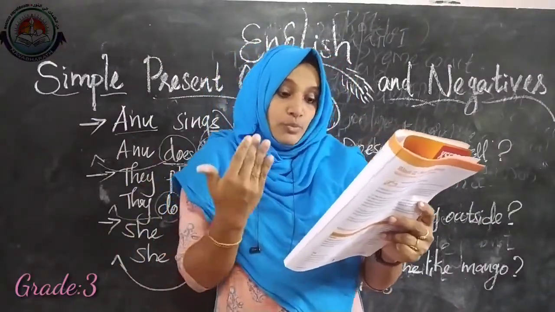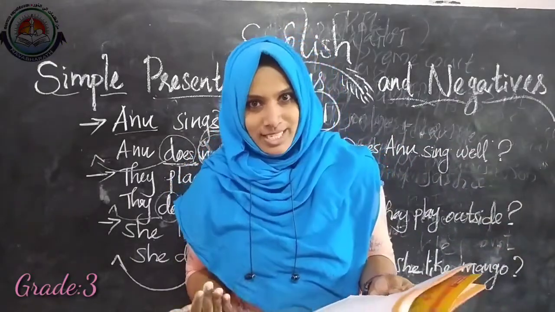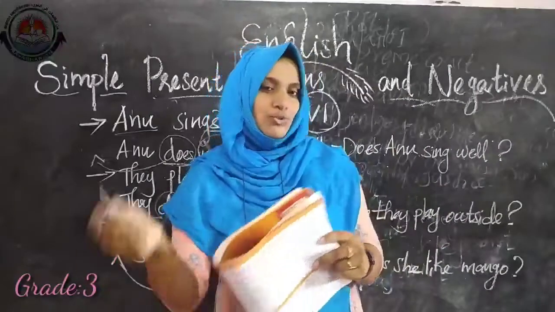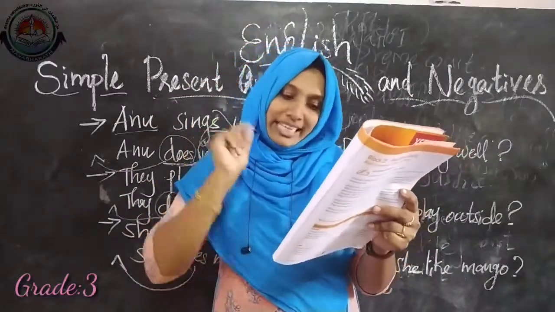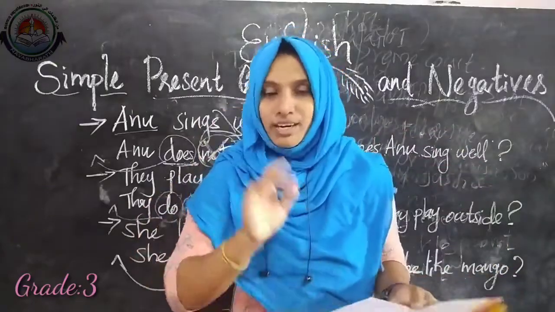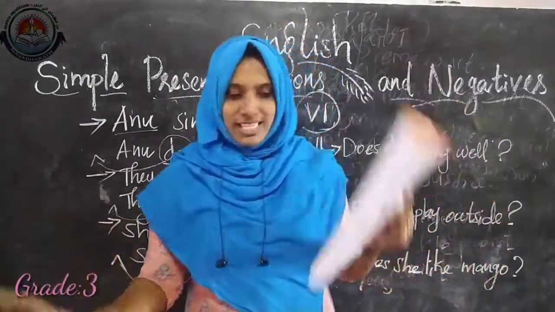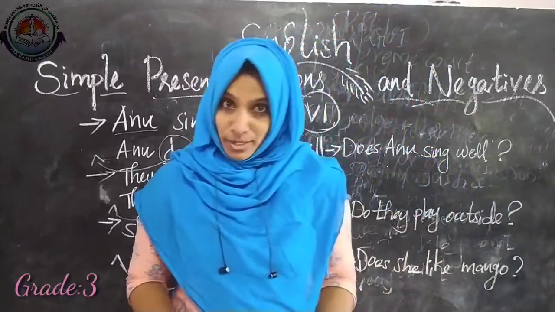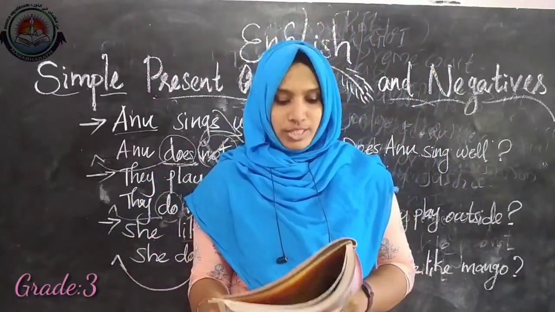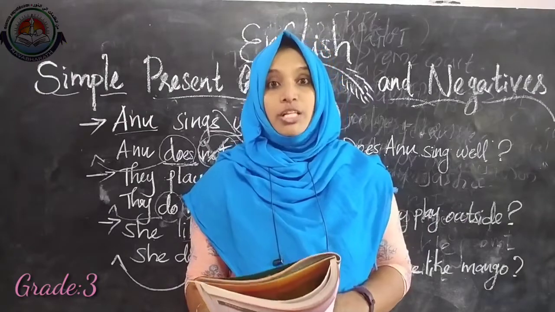Then he always wakes up early. Yes, he does not wakes. It will change into wake only. So he does not always wake up early. Okay children, this is how you can do it. Page number 28, S4, and also from the same block 21, you can do question number 3.